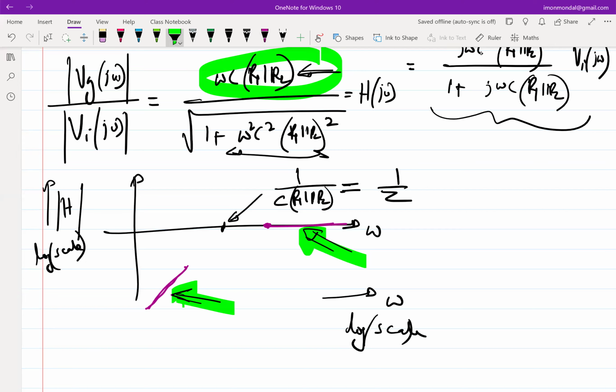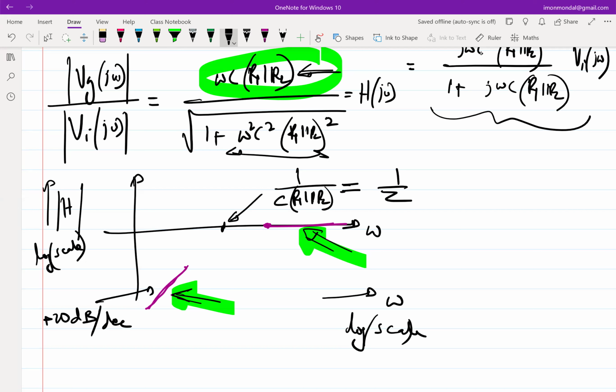And here we are in a linear slope. What is the value of the slope? In terms of dB per decade, plus 20 dB per decade, great.